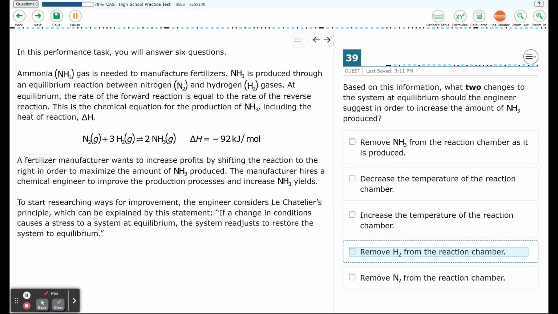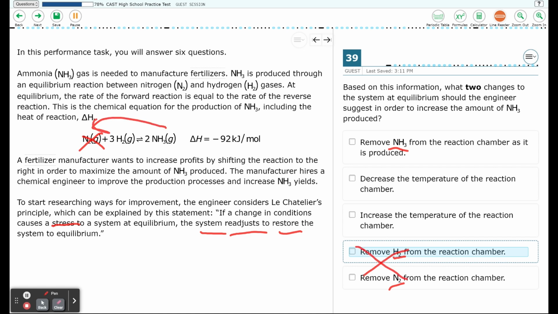All right, so as we take a look at this, we can see that we can either remove any one of these 3. Remember, Le Chatelier's principle said that when there's a stress, the system readjusts to restore the system. So if we got rid of N2, the system would try and produce N2, and that would be the opposite of what we want.